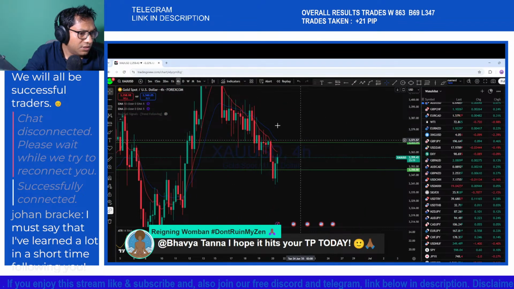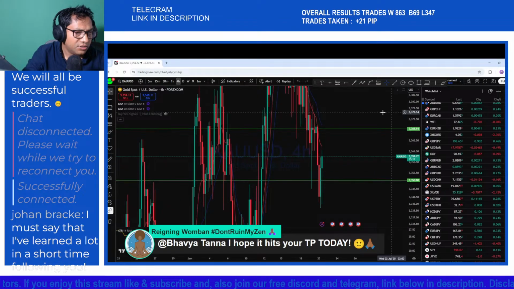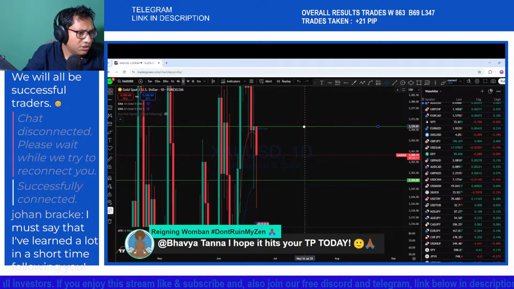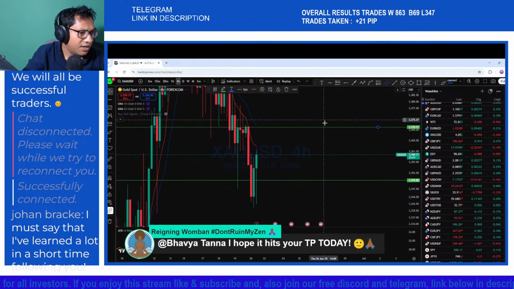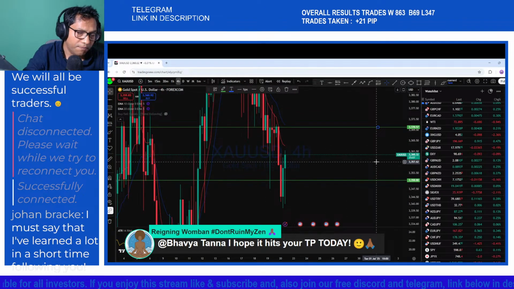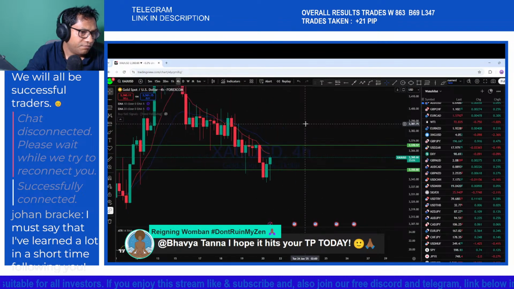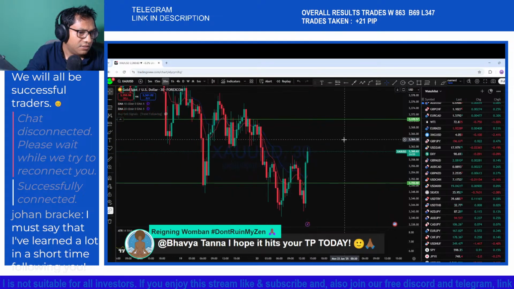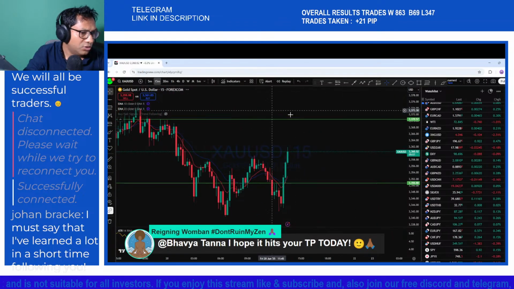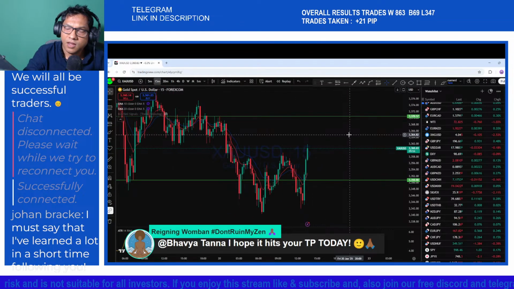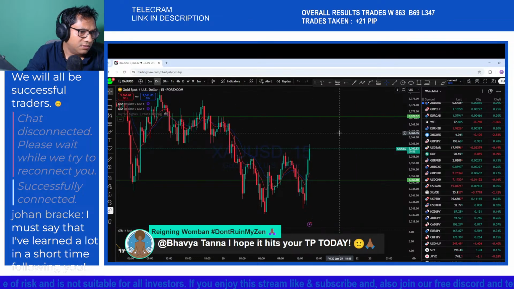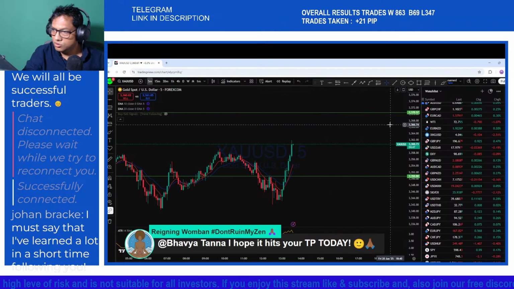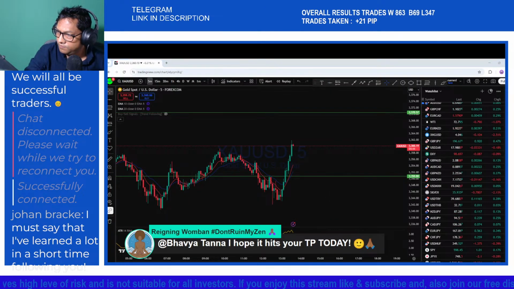From this support level it's pushing back again to the upside here. And because this is the daily resistance, we may see the market possibly going back to the daily key level of resistance here. That might take the price back to the upside again. So here it's a pretty sharp bounce. We'll see where it is heading to.